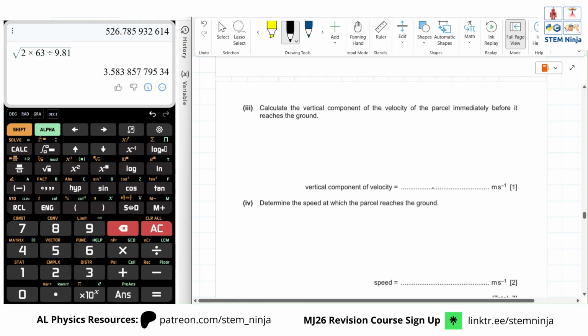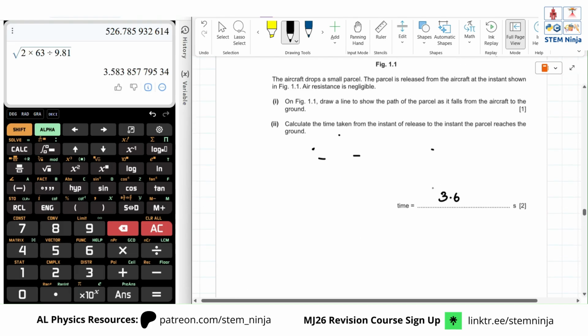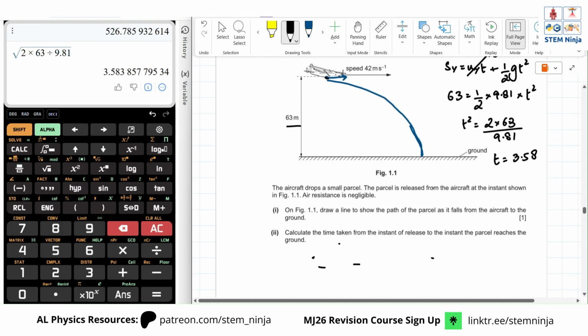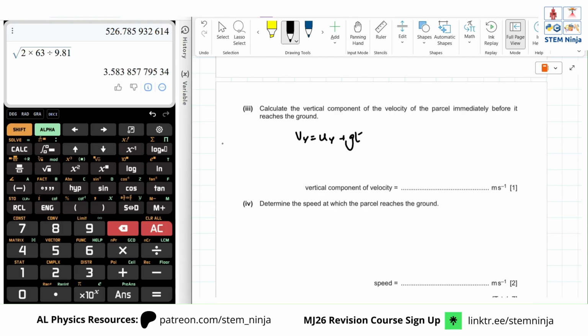Calculate the vertical component of the velocity of the parcel immediately before it reaches the ground. So we have the time, we can actually find the velocity. Vy equals Uy plus g t, because we are considering the vertical downward motion.